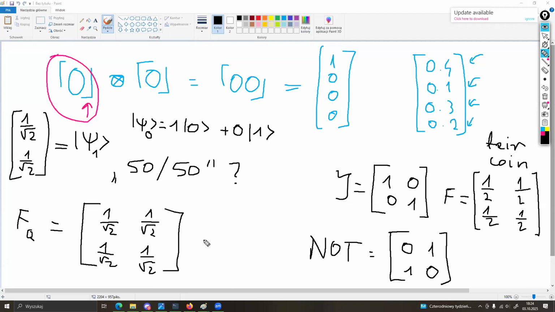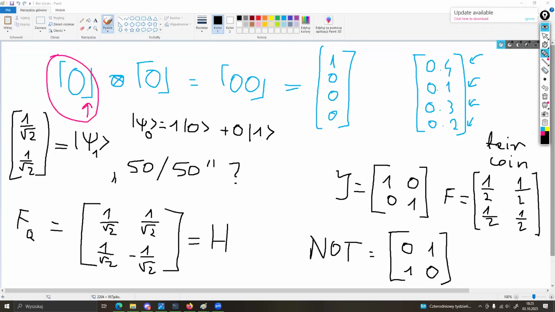But we need one more thing, which is a minus here. And this is because we would like this calculation to be reversible. And it turns out that this operator has its own name, and it is called a Hadamard gate.